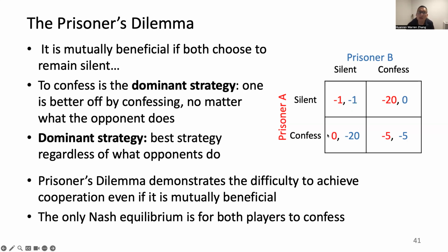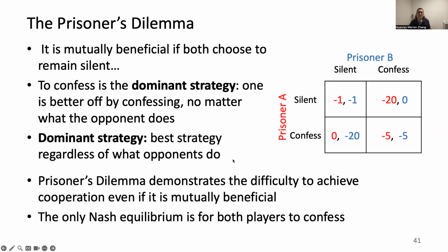So here, as I mentioned, to confess is the dominant strategy. One is better off by confessing no matter what the opponent does. So the dominant strategy is just the best strategy regardless of what the opponent would do.